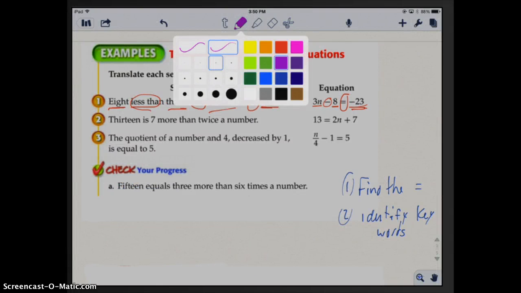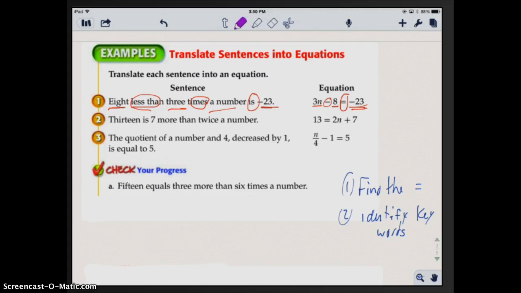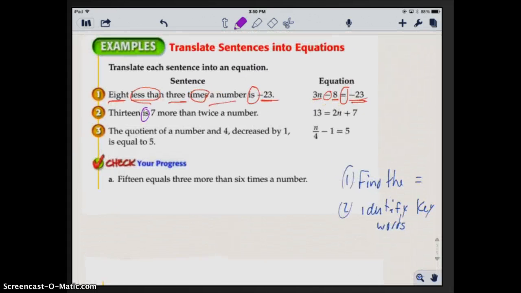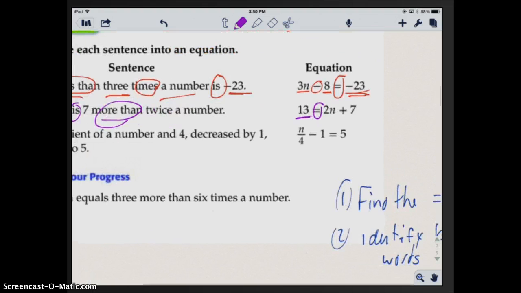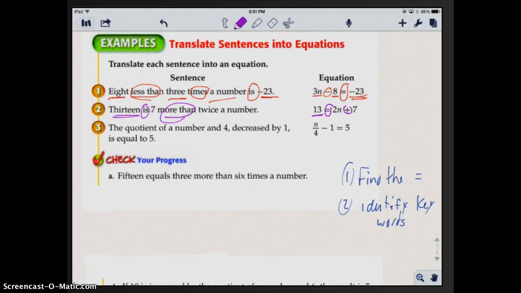13 is 7 more than twice the number. 13 is, that's the equal sign. 7 more than, well, there's the 13 first, sorry, let's not jump the gun. There's the 13, then the equal sign. 7 more than, so this more than is going to be that plus sign there, but we need to flip-flop the numbers. Why are we doing that, you might ask?